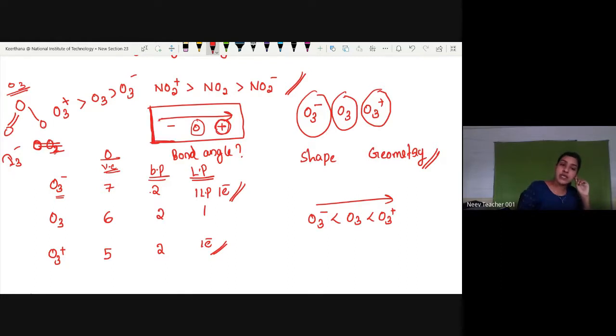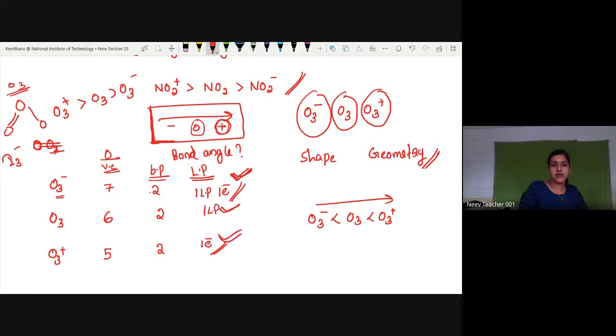After explaining MOT, we will discuss this once more, O3 minus, O3 and O3 plus. There is the existence of 1 lone pair here, and if you are comparing, the repulsion will be more here, so less bond angle. Then this, because 1 lone pair, then this is 1 electron, then this.